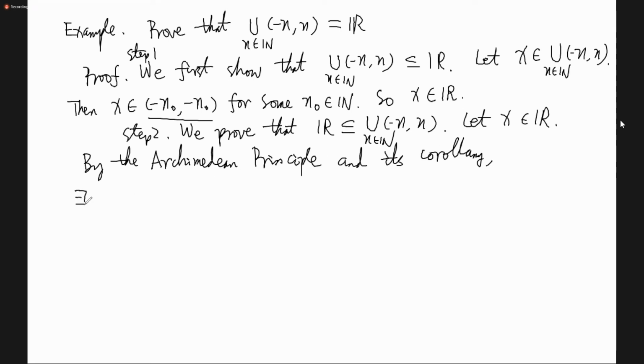There exists an n in N, a natural number, such that x is less than n and greater than negative n. Okay, so although the Archimedean principle just tells you the upper bound and the corollary tells you the lower bound, we did prove a problem which says that we can pick the same natural number n so that n and negative n serve as both the upper bound and lower bound. So you can use this statement in your exam.